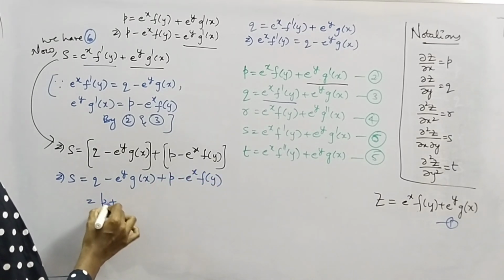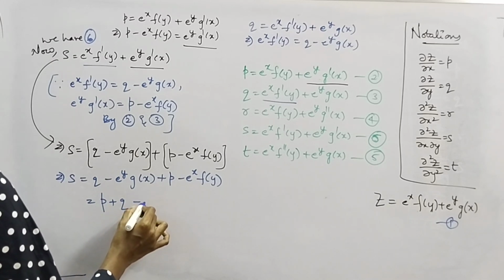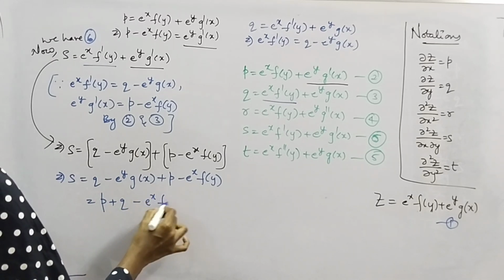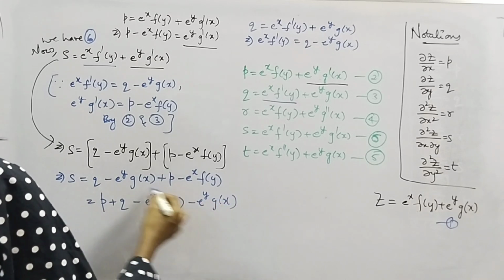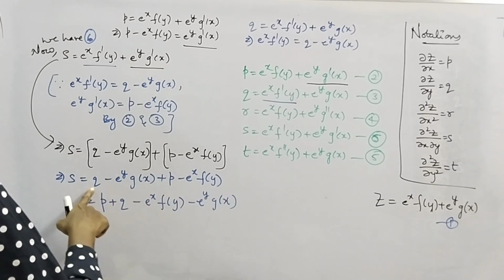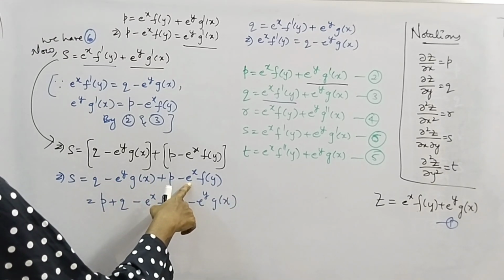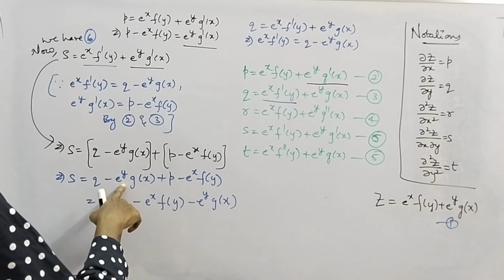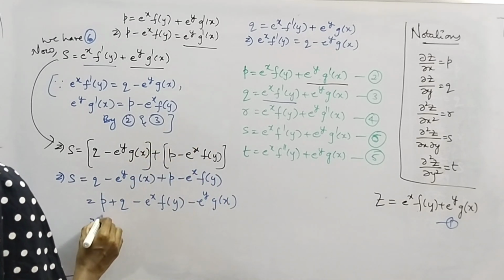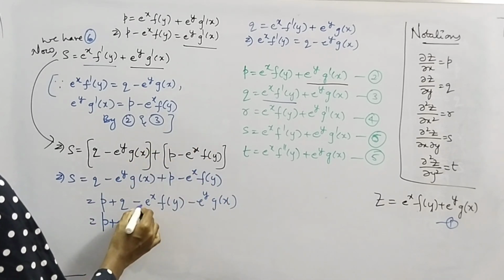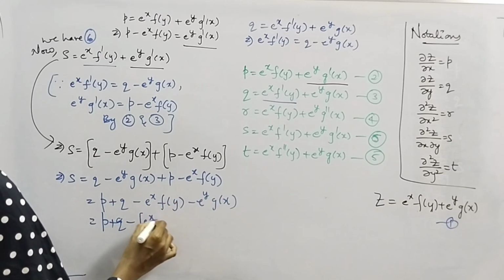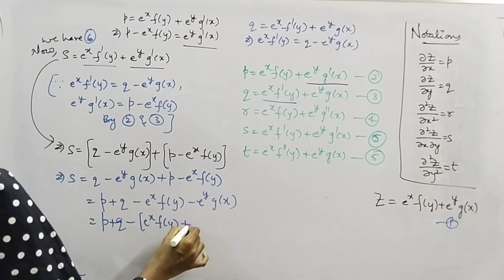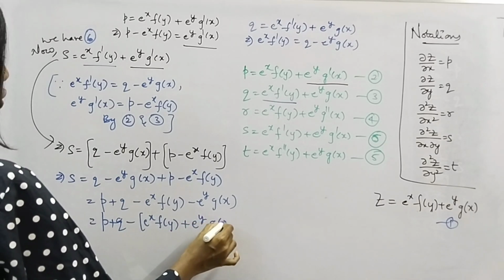Okay, this gives us p plus q minus e power x f of y minus e power y g of x. I wrote p first and then q and then the term involving e power x and then the term involving e power y, right? Now I'll just take minus common from the last two terms, so that I'll get minus of e power x f of y plus e power y g of x.